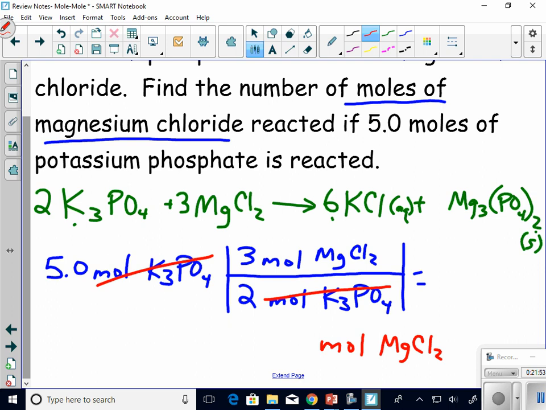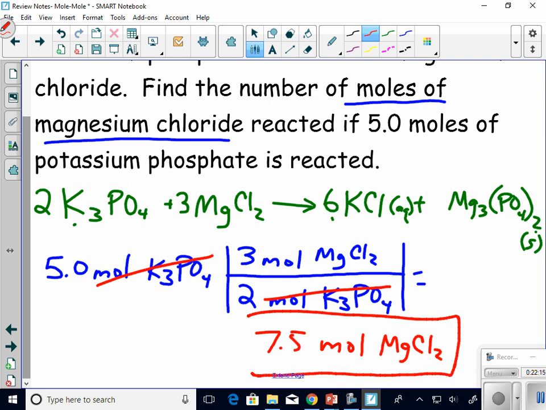Okay. I look at this and I say, okay, what is 5 times 3 is 15 divided by 2 is going to give me what? 7.5? How many sig figs? 2 sig figs, okay?